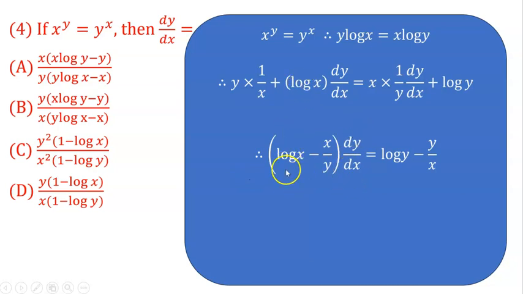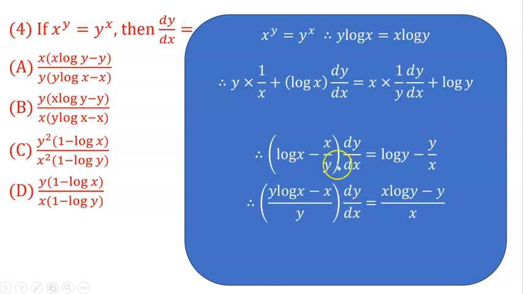Here you will get (log of x minus x upon y) into dy by dx is equal to log of y minus y upon x. Here again simplification: this y into log of x, you will get (y log of x minus x) upon y into dy by dx, equal to (x into log of y minus y) upon x.